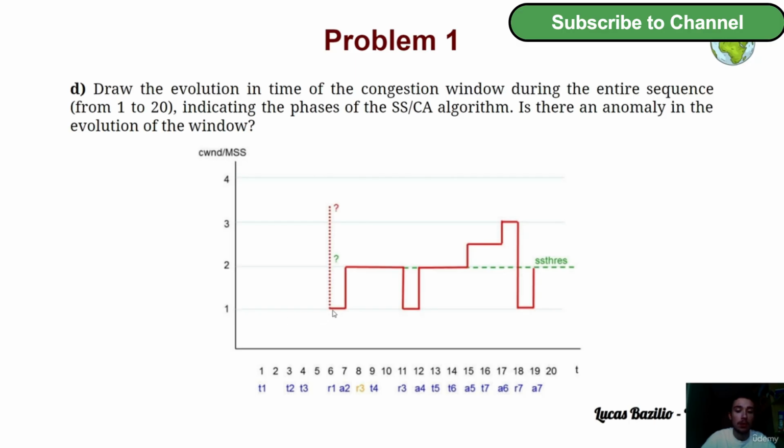Very simply, we can see here that at exchange 6, we can guarantee that the congestion window has the value 1 maximum segment size. Keep in mind that in all of this graphical representation, the value on the y-axis represents the number of maximum segment sizes. This is 2 maximum segment size, 3 maximum segment size, and so on.